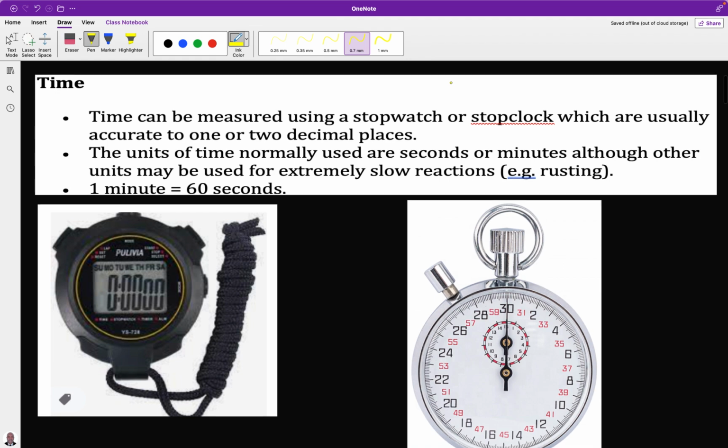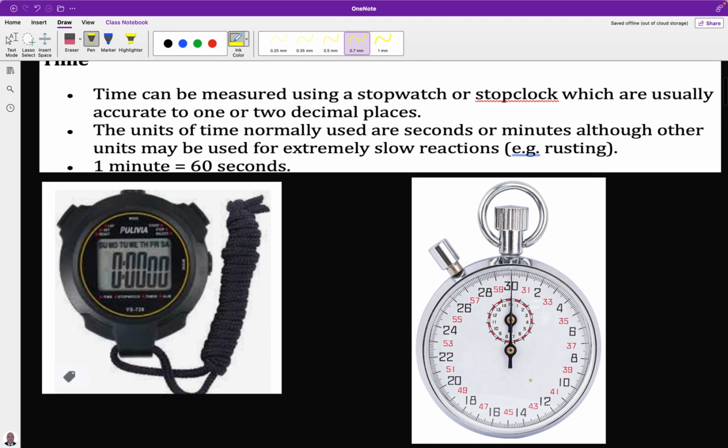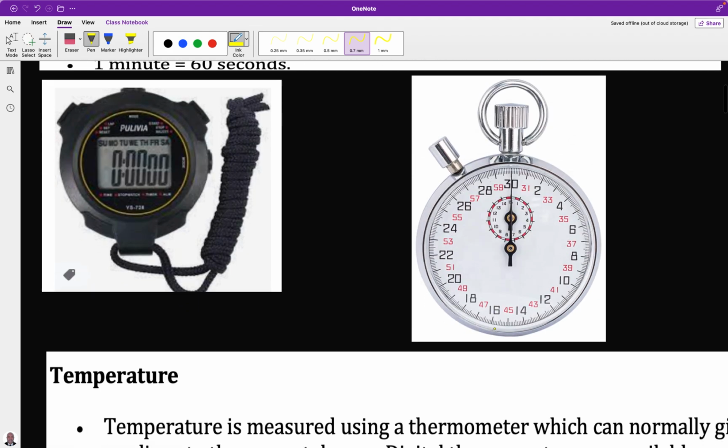We have our stopwatch. This is the stopwatch, and this is also the stop clock. You can either be given this. So learners, it is very important to know them.